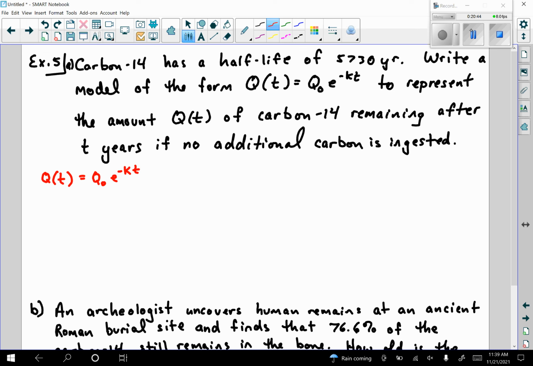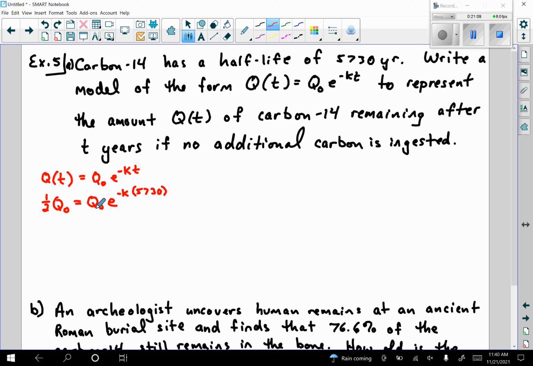So whatever initial amount we start off with, we know that this Q of t is going to be half of that initial amount. And it takes 5,730 years to become half of this amount. So it's e to the negative k times 5730.